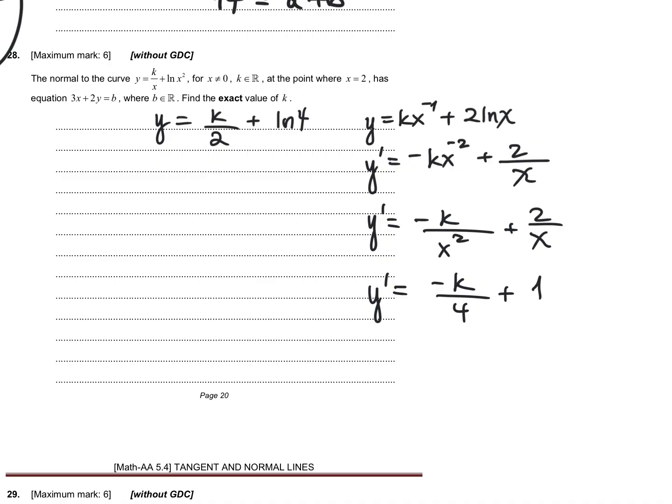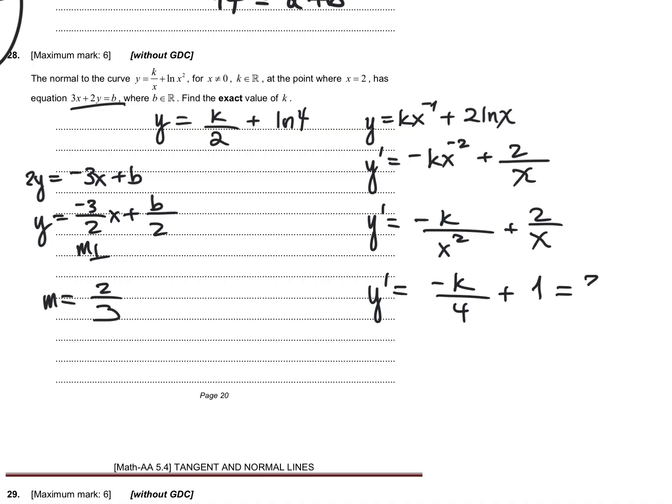And the normal has this equation. So if we solve this for y, okay, then, so this is the perpendicular gradient, so the tangent gradient is 2 over 3. So this is going to be 2 over 3 here.